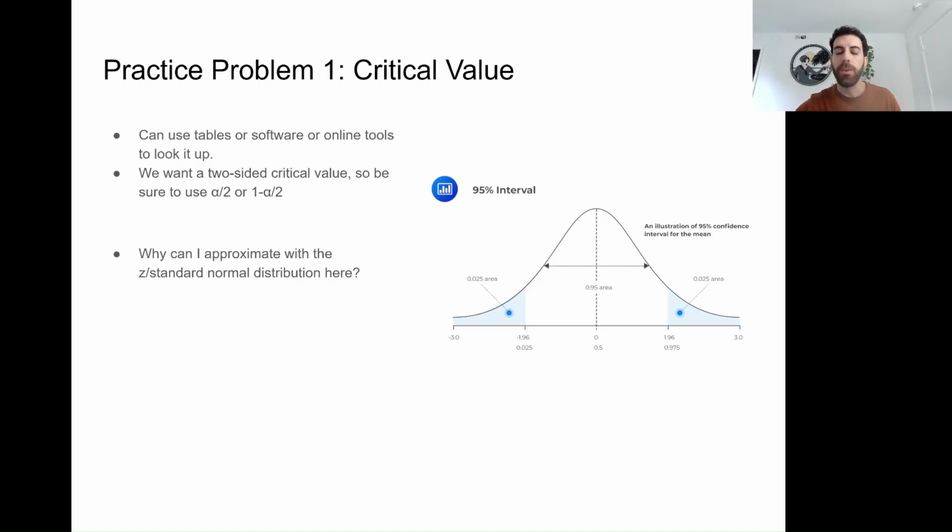And the reason we can get away with using the z distribution here is you might remember the cutoff point at which the t distribution is equivalent to the z distribution is at about 30 degrees of freedom, right? They're not exactly the same. The t distribution has slightly higher tails, but as your degrees of freedom goes up and up, and your sample size, right?